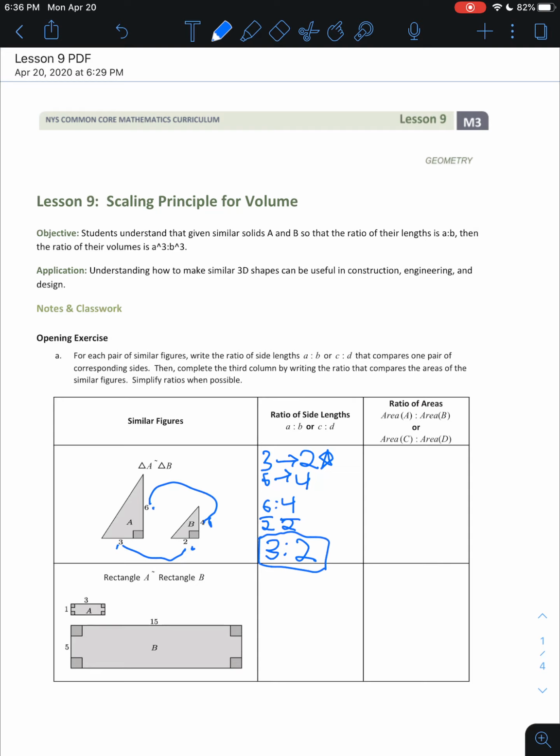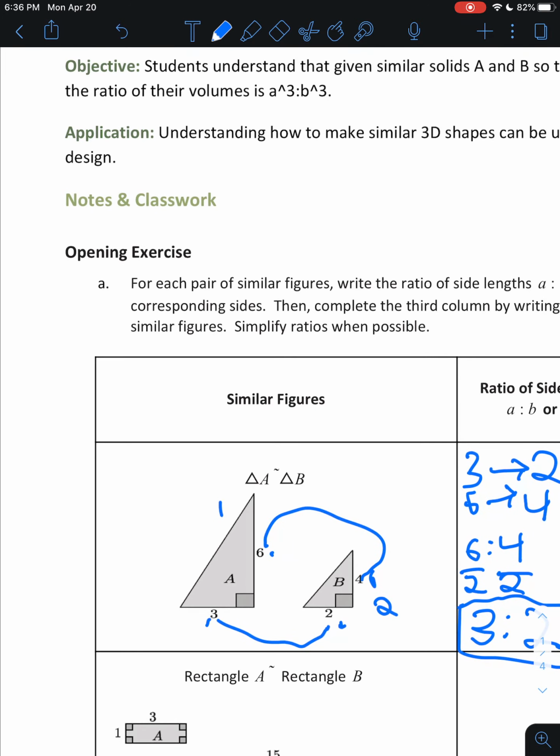And now let's look at what the ratio of the areas of the two shapes will be. So the first thing we have to do is get the area of this triangle and of this one. So maybe let's do that over here. So let's do area of triangle number 1, the bigger one. Remember, the area formula for a triangle is area equals 1/2 base times height.